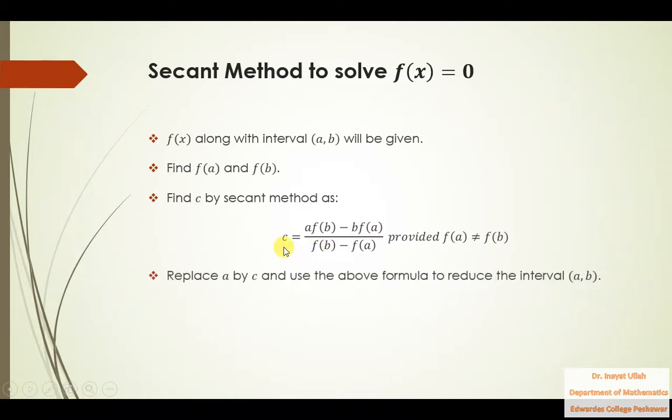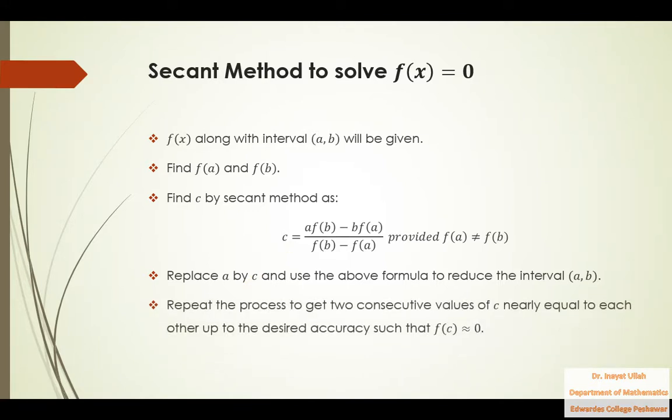Whenever we obtain c, we need to replace x by c in the given function and find f of c. Now we will repeat the process to the desired accuracy, to find the value of c for which f of c is nearly equal to 0.